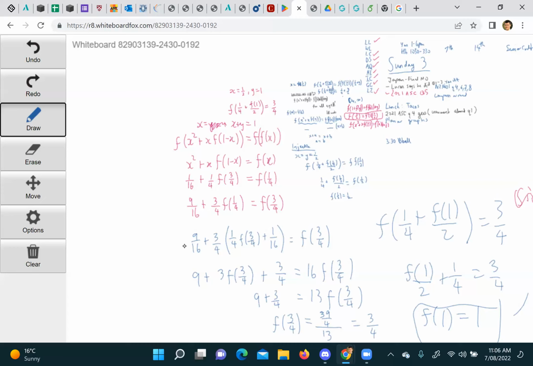You just do the same thing and it comes out. Then you get f of 1 minus y equals 1 minus y for all y between 0 and 1, and then you can apply induction for all reals. Oh damn. Let's go. Boom.